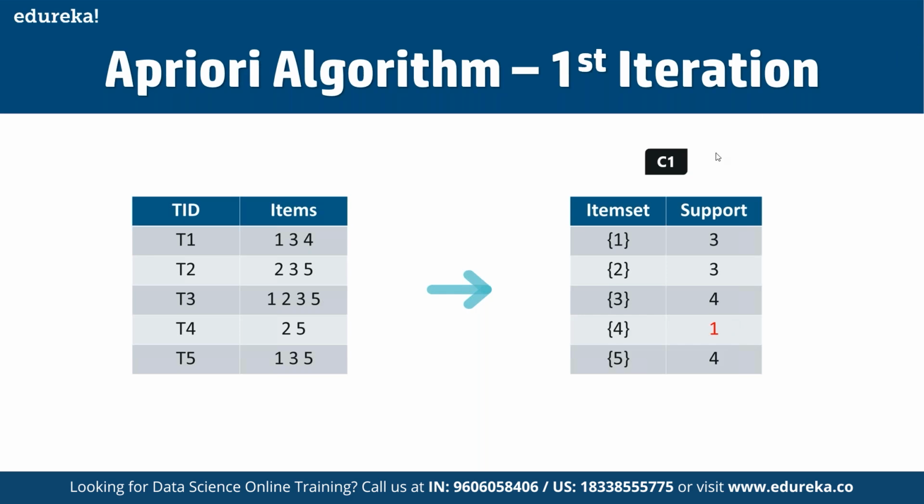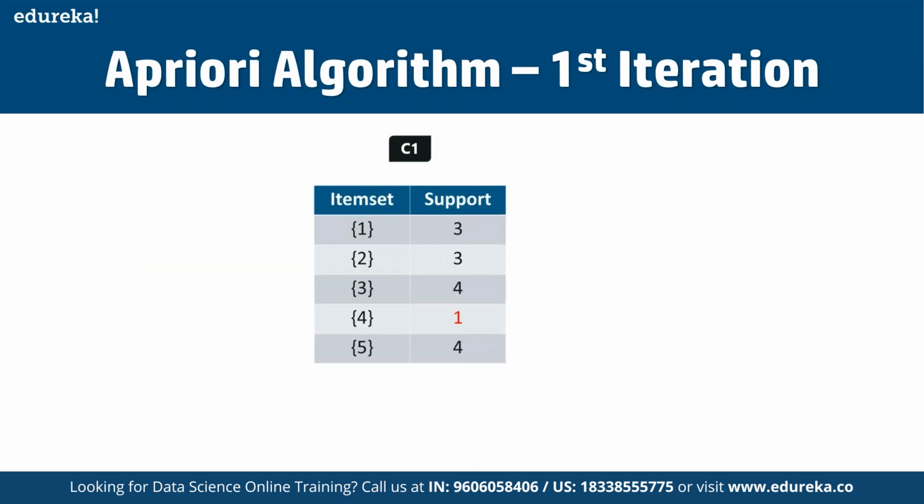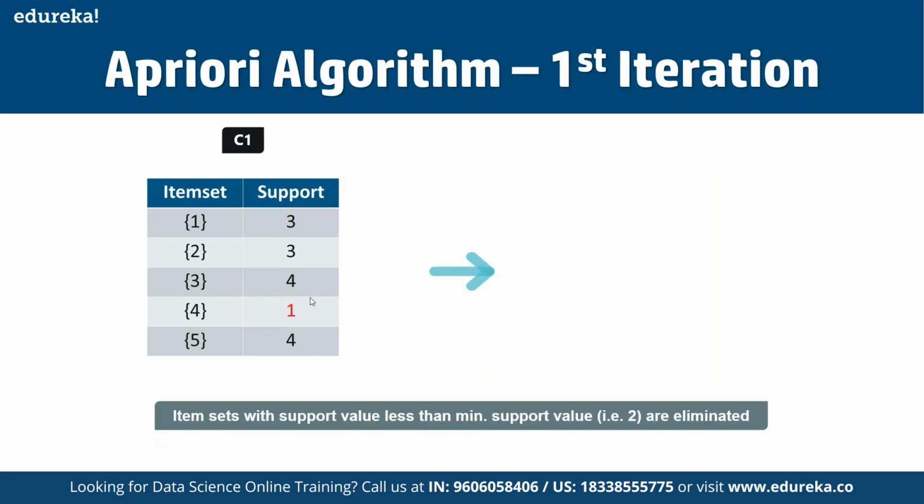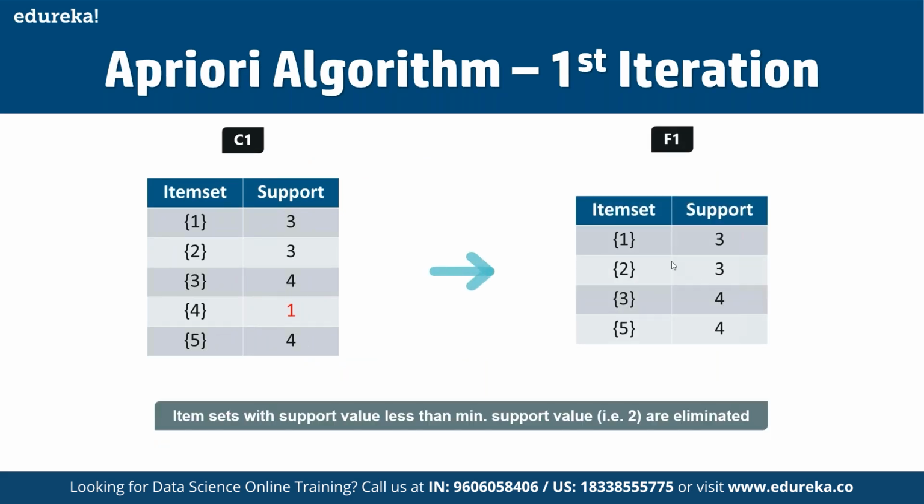So we are going to discard 4 in the upcoming iterations, and that's how we get the final table defined here. The item sets with support value less than the minimum support value, that is 2, are going to be eliminated.